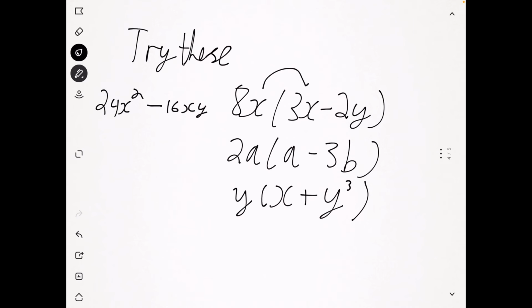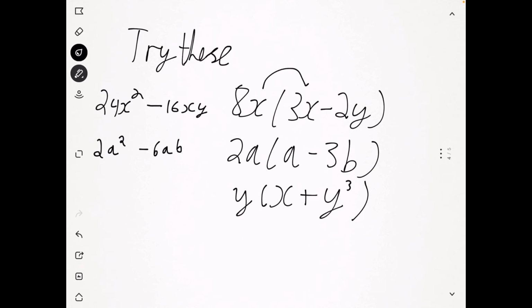Now for the second question, 2a multiplied by a, because a times a, we shorten that as a squared. So 2a squared for the first part, and then 2a multiplied by minus 3b will give us a negative product, which is minus 6ab.